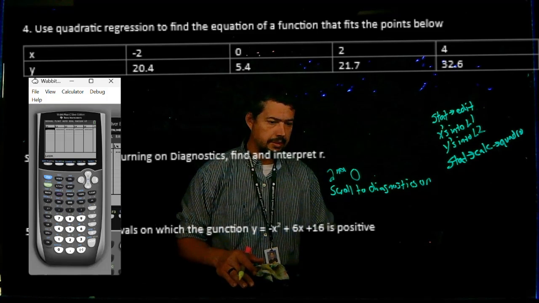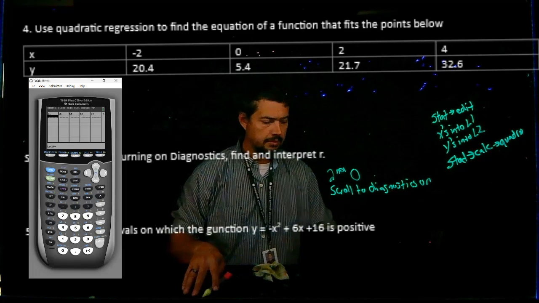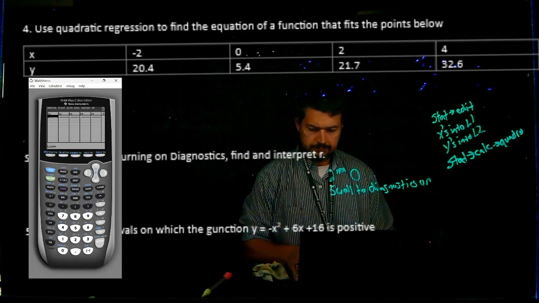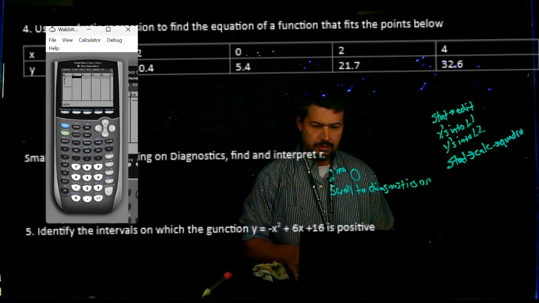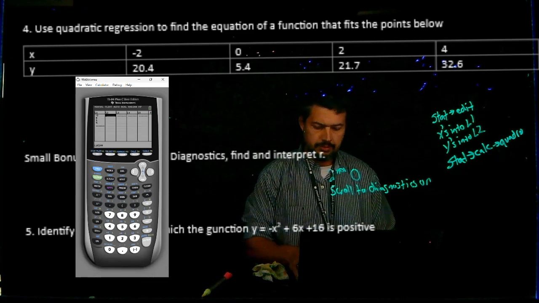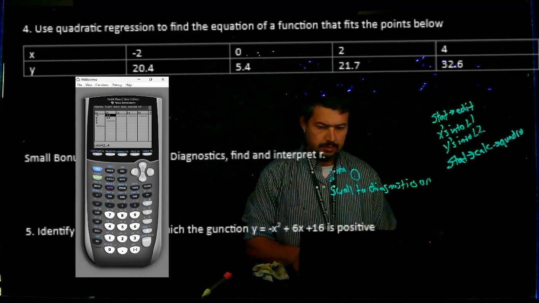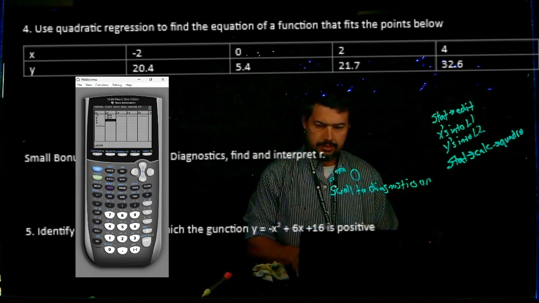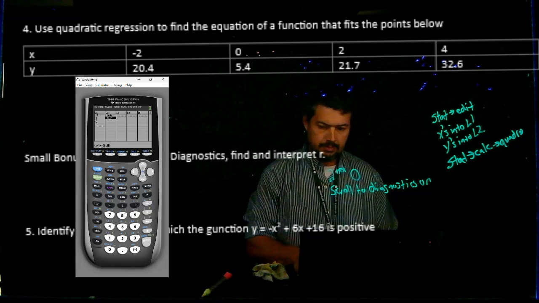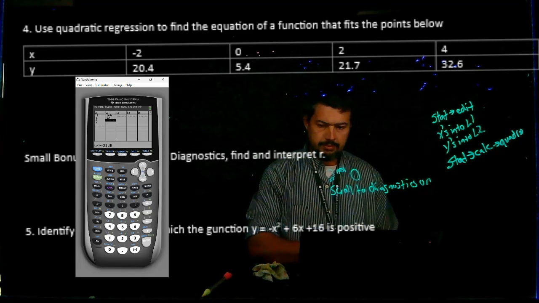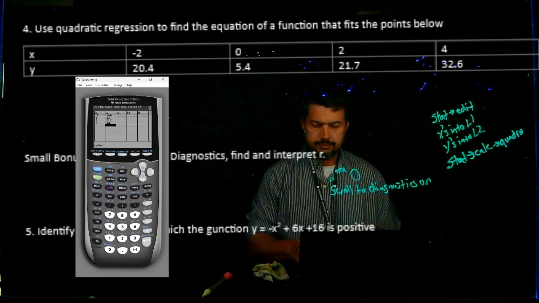All right, my X's are -2, 0, 2, and 4. My Y's are 20.4, 5.4, 21.7 and 32. Typos. And 32.6.